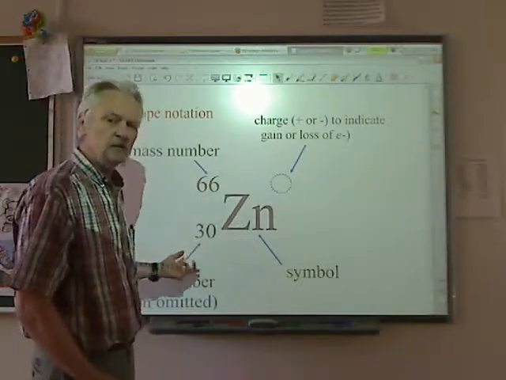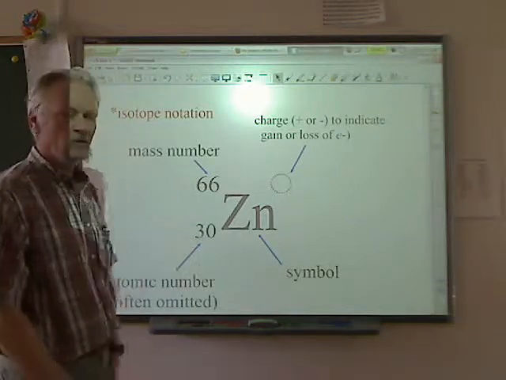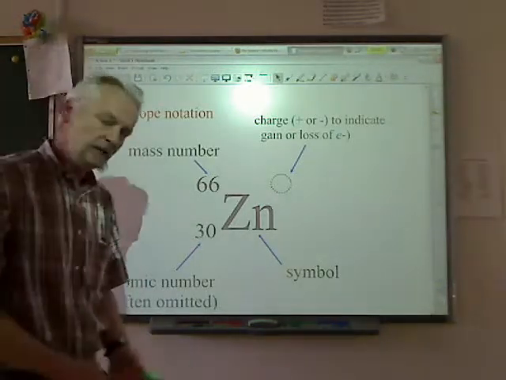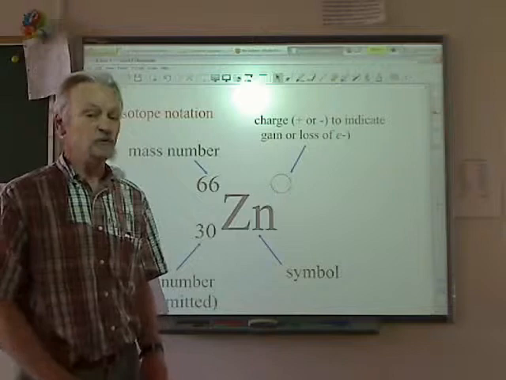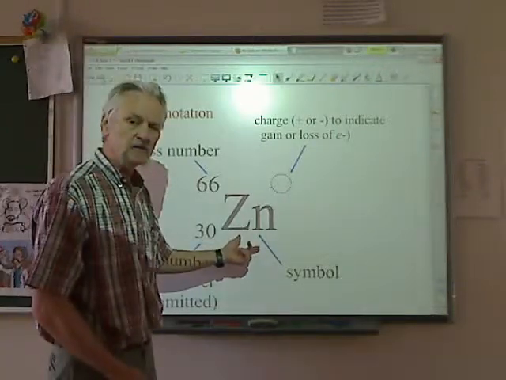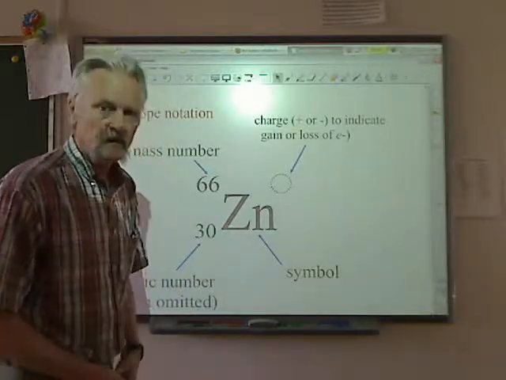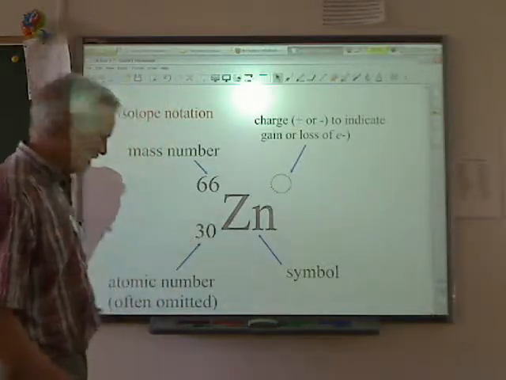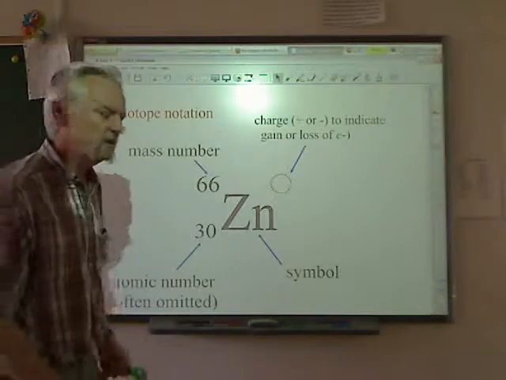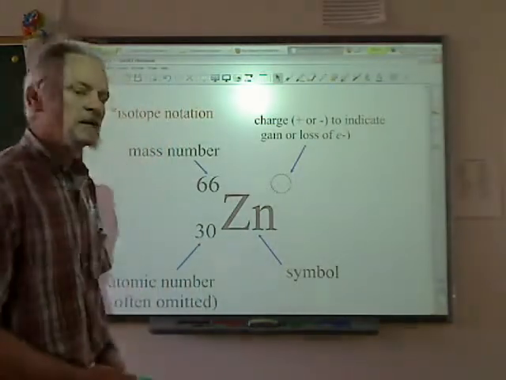And if it is included in the isotope notation, we put it in the lower left-hand corner, although I remind you that we don't ever have to include it if we know the element symbol, because zinc is always 30, and atomic number 30 corresponds to zinc. So this information is often omitted because it is somewhat redundant if we know the element symbol.